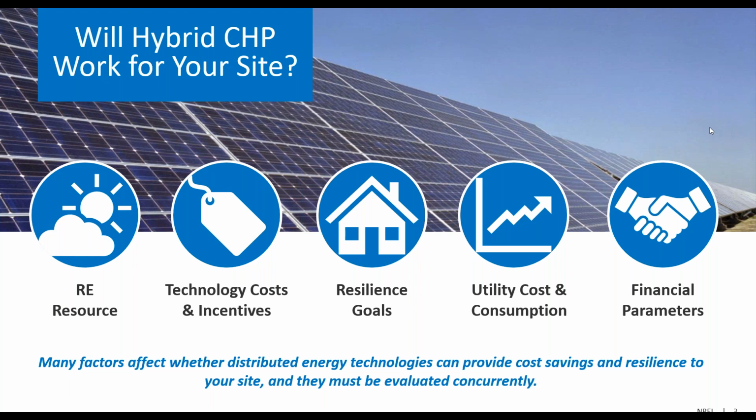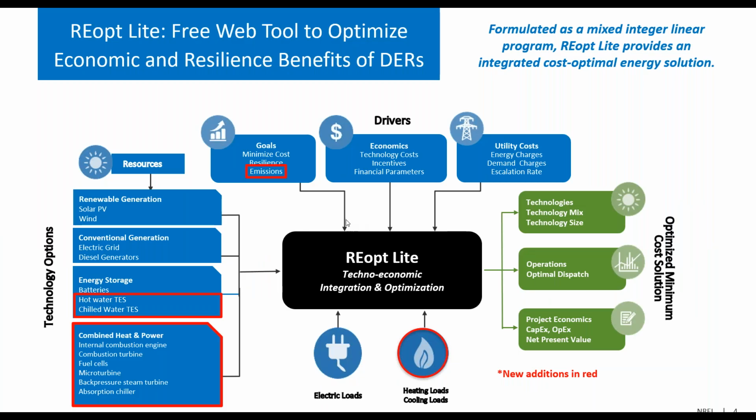And the magnitude of those utility bill energy savings is really driven by utility costs and consumption patterns, as well as renewable energy resources and financial parameters. And so there's a lot of these different factors that need to be considered. And so REopt Lite was really created to take into account all of those different factors and concurrently evaluate them to recommend integrated cost-optimal energy solutions.